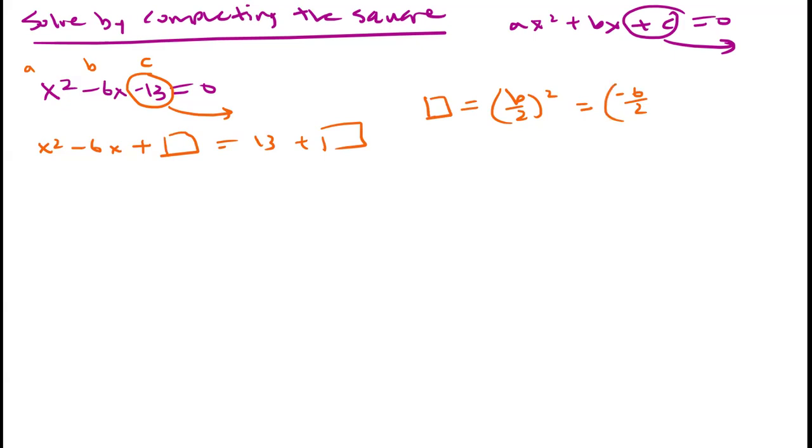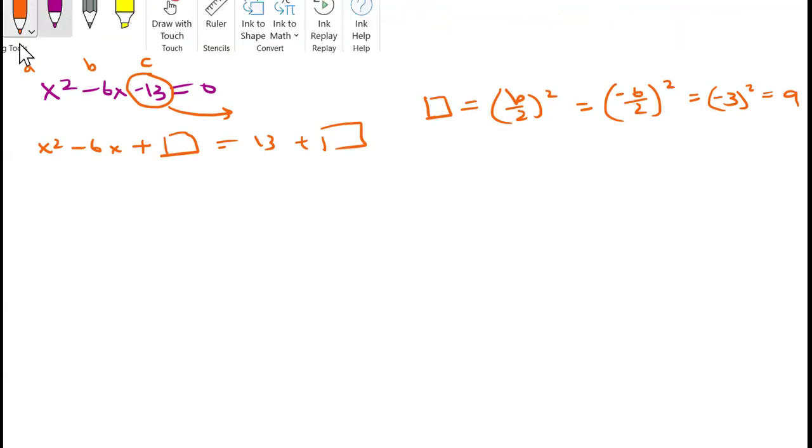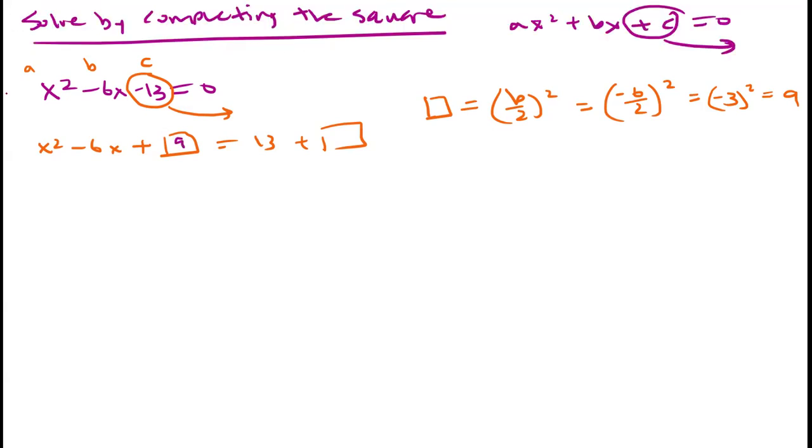So it's minus 6 divided by 2, and then we're going to square it. So minus 6 divided by 2 is negative 3 squared, and then negative 3 squared is going to give us 9. Okay? So that means I'm going to add 9 to both sides. So that's what's going to be in my box. I'm going to put a 9 here, and I'm going to put a 9 here.